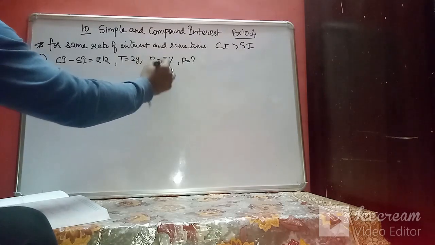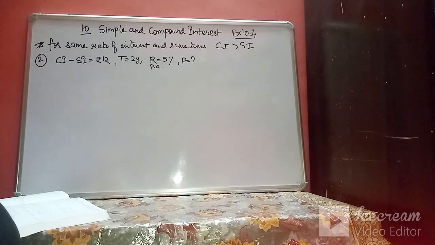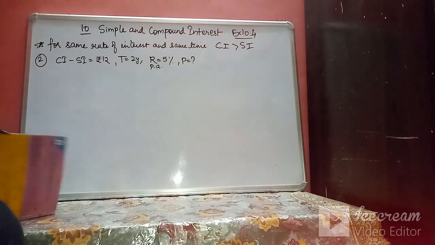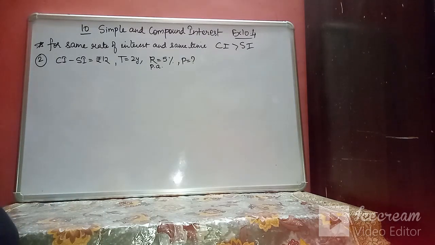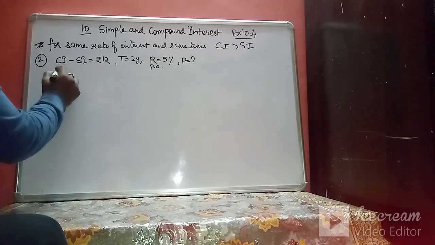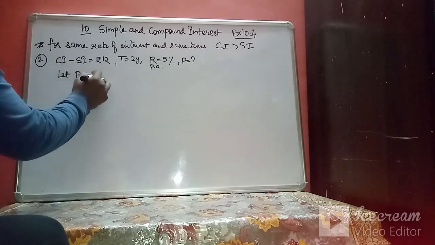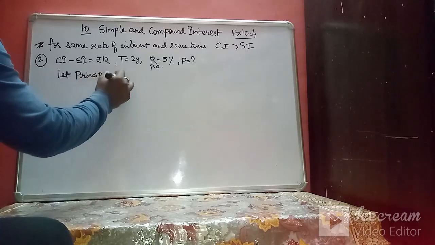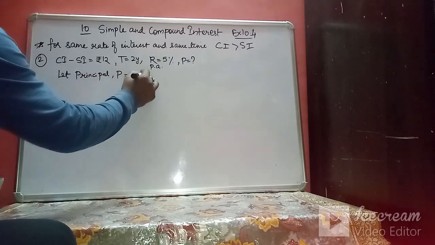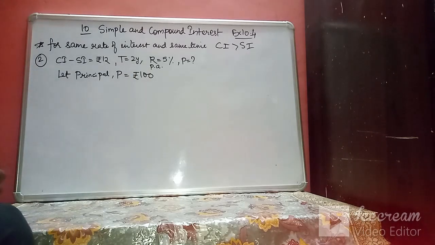So for this type of questions where difference is given, time is given and rate of interest is given, and we have to find the principal, we will use the unitary method. How we will use the unitary method? Like this: let principal, that is P, equal to rupees 100.